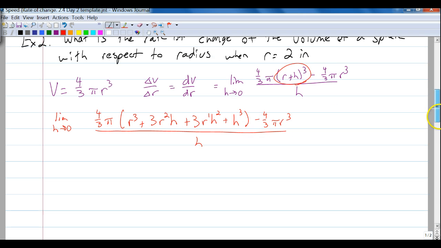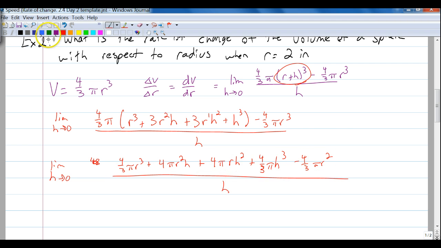So I'm going to simplify that. The limit as h approaches 0 of 4/3 pi r cubed plus 4 pi r squared h plus 4 pi r h squared plus 4/3 pi h cubed minus 4/3 pi r cubed all over h.